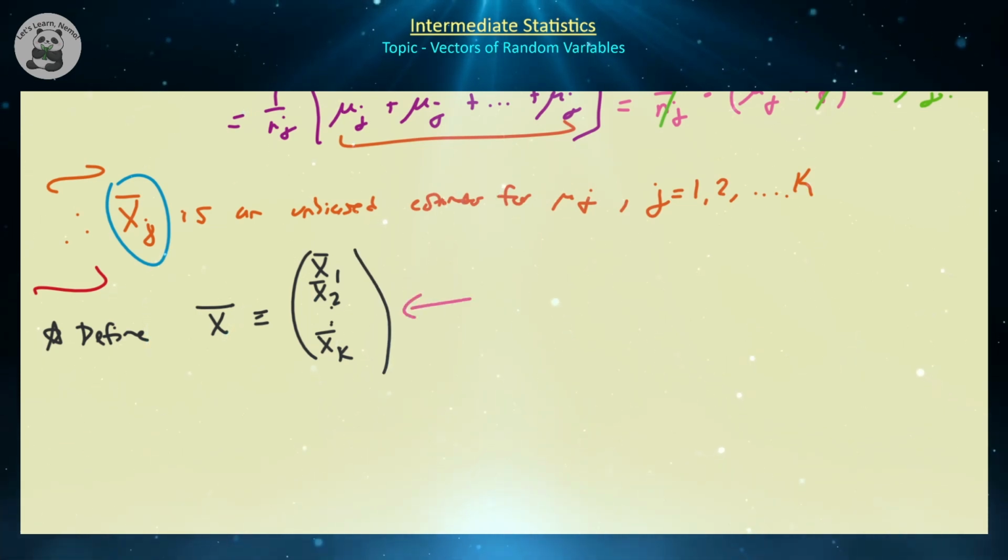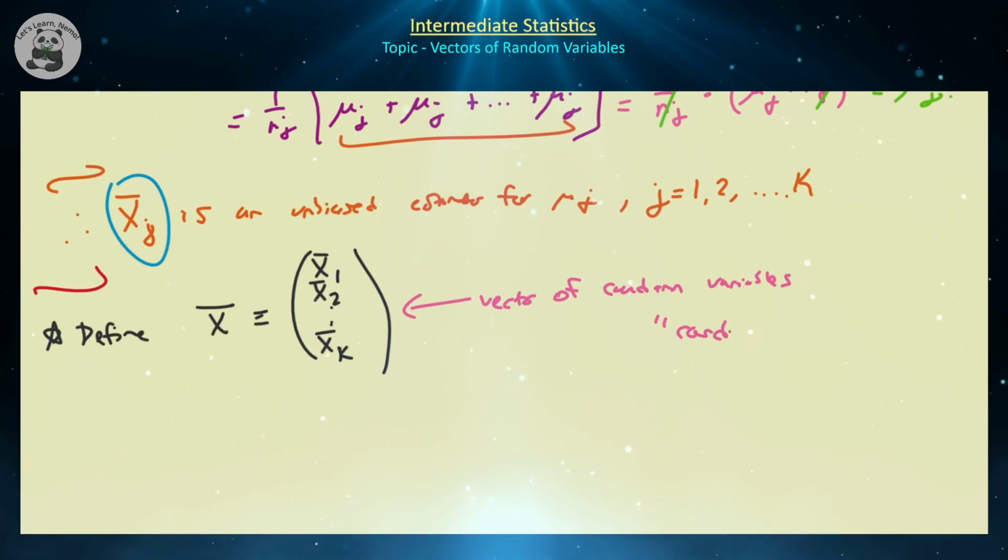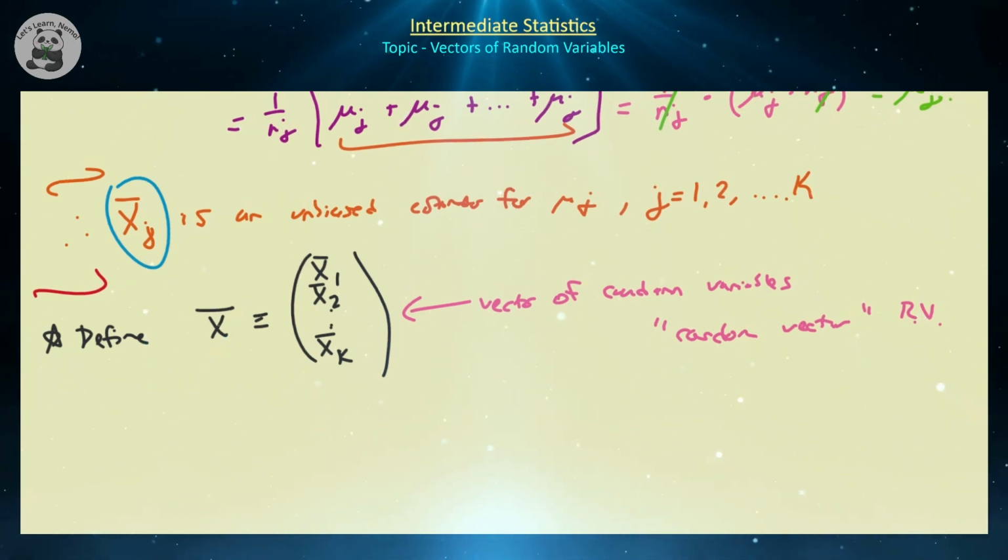So this is a vector of random variables, and this is what we refer to as a random vector. The abbreviation still would be RV, but the context is slightly different.